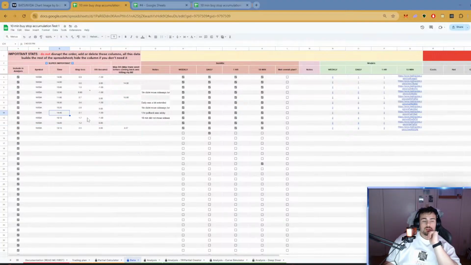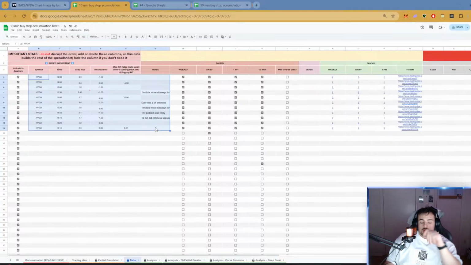All this data is spreadsheet. Hide the column if you don't need it. Fuck, that's what I did. Okay, hold on.